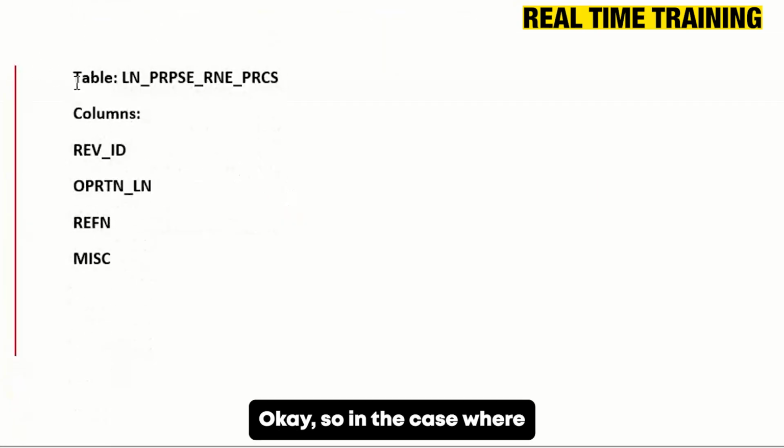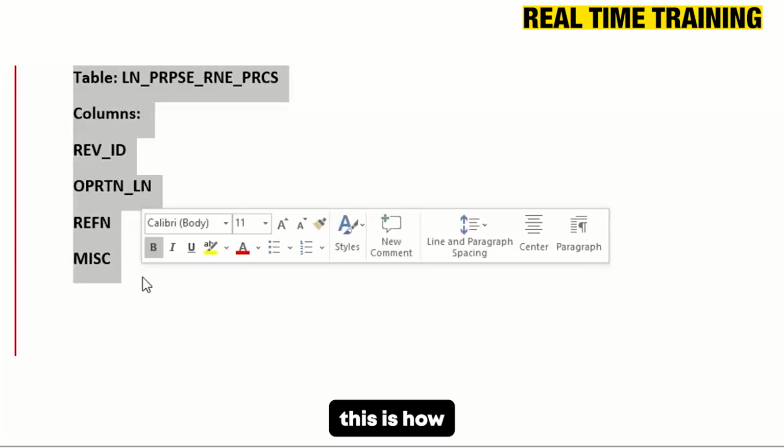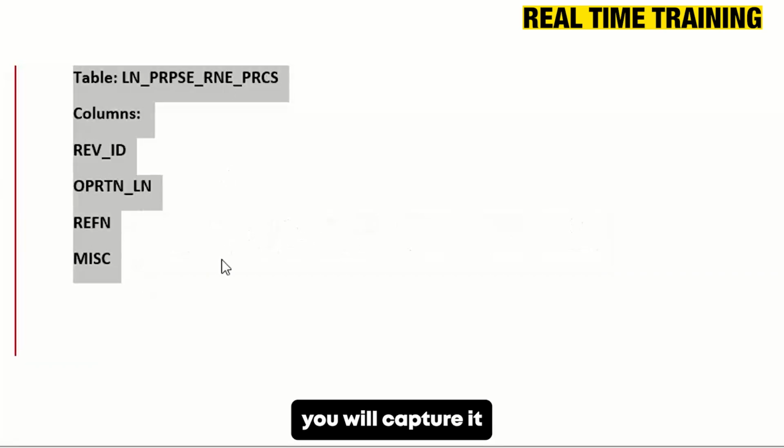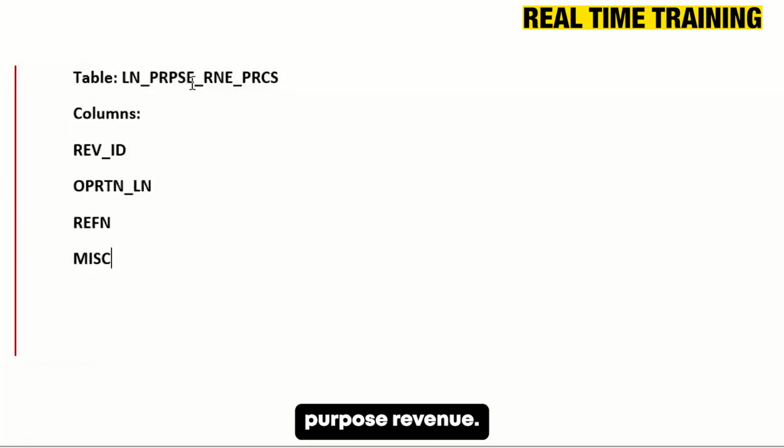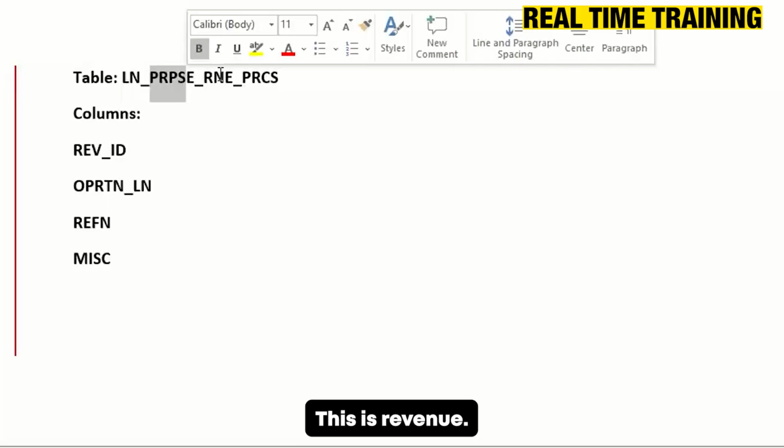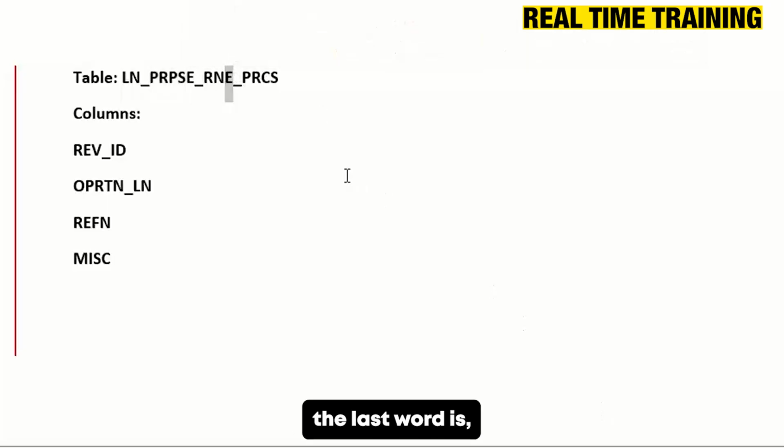Okay. So in the case where you are coming up with a new table, this is how you will capture it. This is loan purpose revenue. I don't know what the last word is, but this is the name of the table.